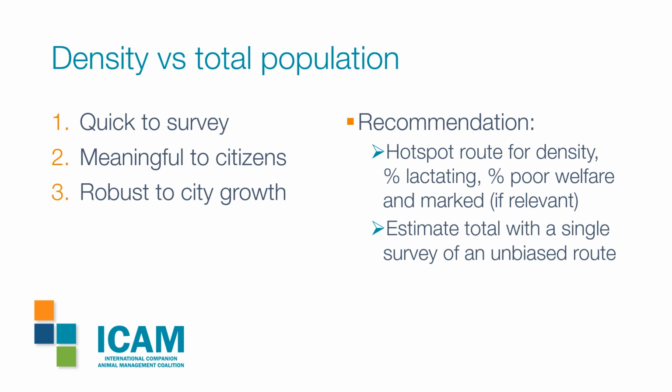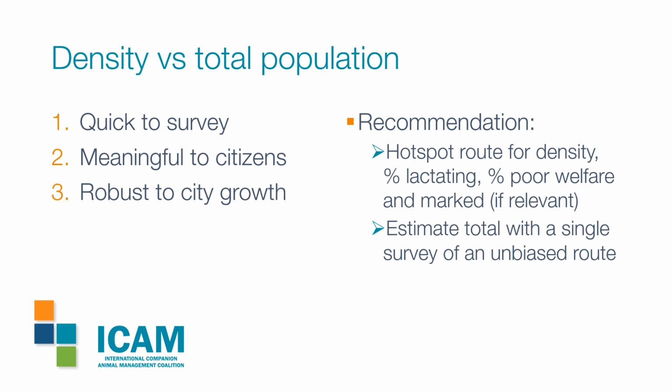Now, if you're forced to come up with an estimate, and I do understand the ambition to uncover what may be called a magic number, try doing one single survey along an unbiased, representative route at a time of day when roaming dogs are most visible, and then multiply the dogs per kilometre by the total street length in your project area.